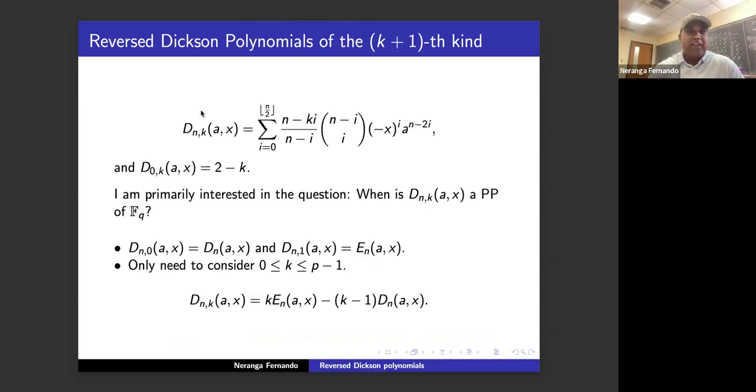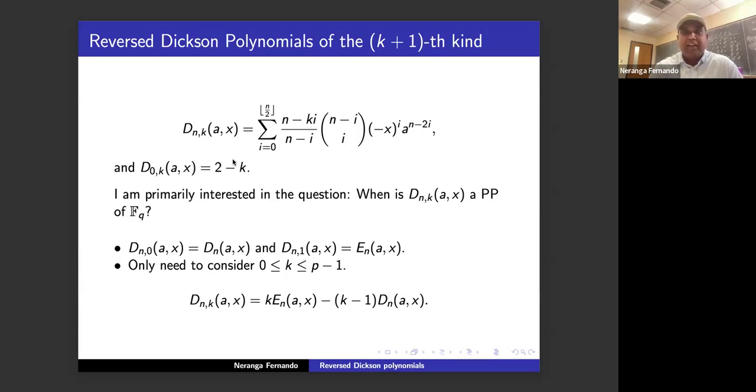As you can see, when k is equal to 0, we have the reverse Dickson polynomial of the first kind, and when k is equal to 1, we have the nth reverse Dickson polynomial of the second kind. One more thing to notice: since we are in characteristic p, we only have to let k go from 0 through p minus 1.